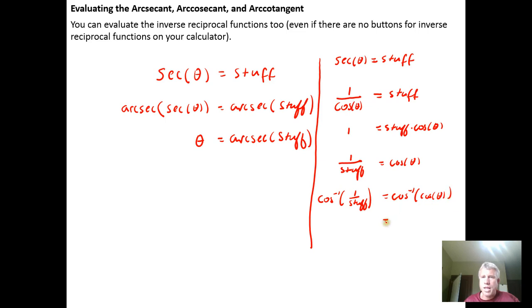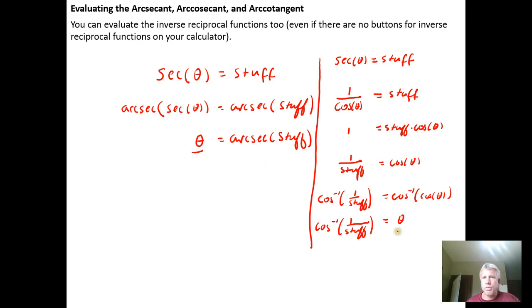And as long as theta is in the range of the cosine inverse function, pop, out comes theta, and I get the cosine inverse of 1 over stuff equals theta.